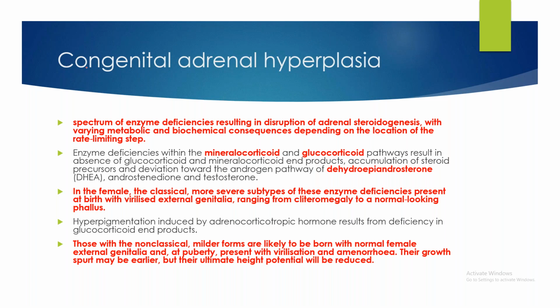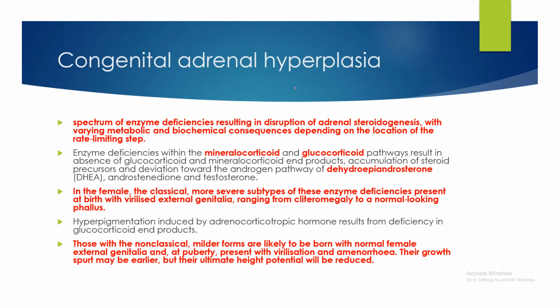Most common of these is congenital adrenal hyperplasia, called CAH. CAH is a spectrum of different disorders because of different enzyme deficiencies, which result in disruption of adrenal steroidogenesis. So there will be varying metabolic and biochemical consequences depending upon the rate limiting step of the enzyme.